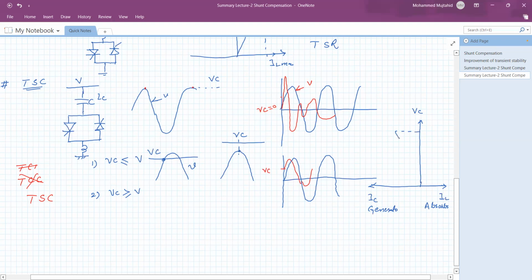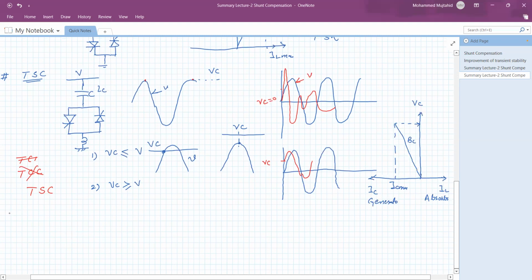This is the maximum voltage and maximum current, depending upon the capacity of the capacitor, and this is BC. Again, it is going to switch on either at 0 or its maximum value. So the area is not controllable, it will work as a switching mode.